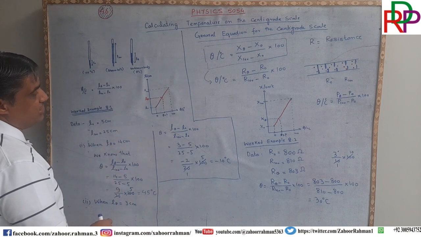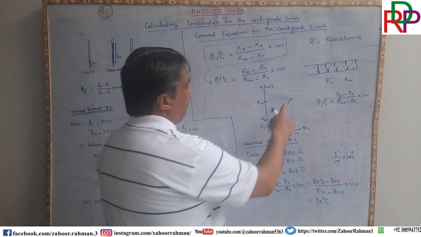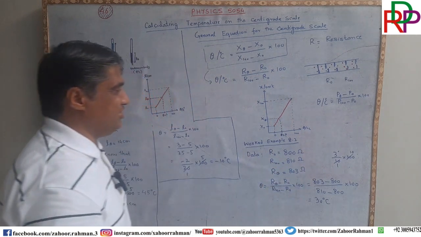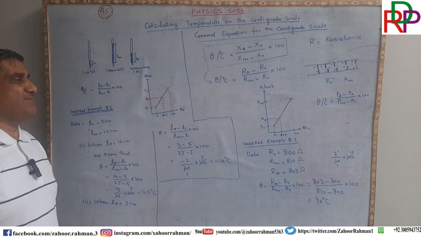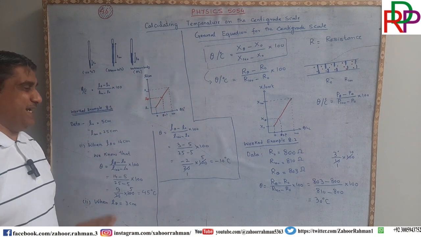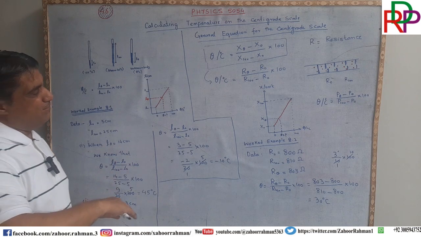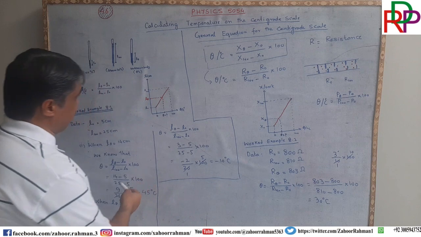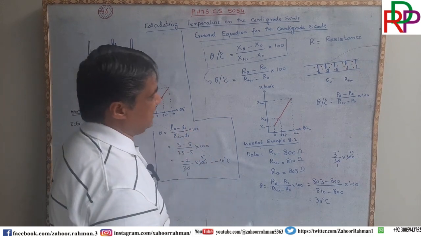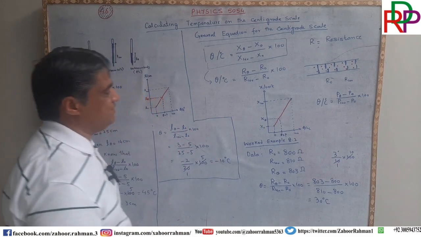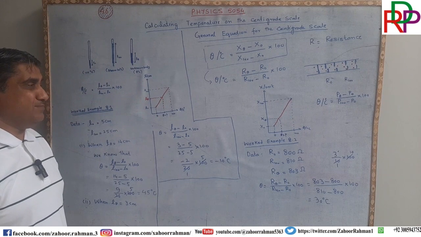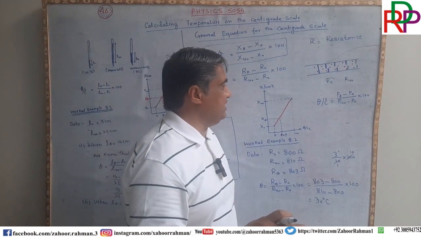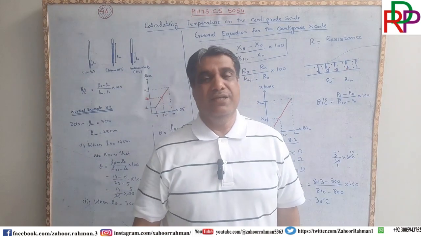Length can change, pressure can change, and resistance can change with temperature. Many other factors can be considered, but these three are mostly used in calculating these things. So you have to keep these things in mind.